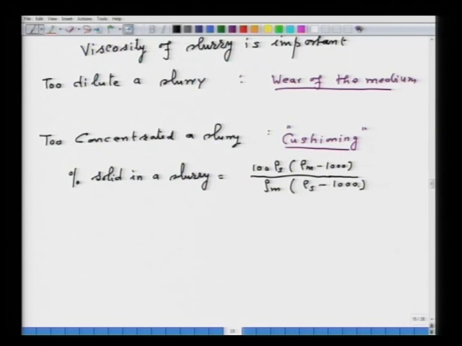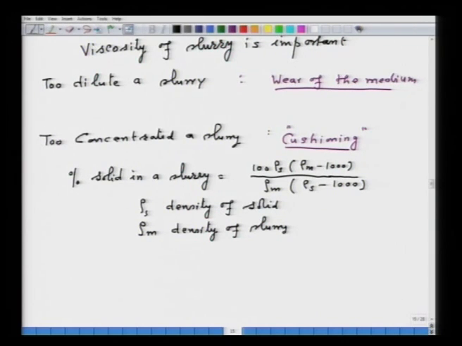This is all density, where rho s is the density of solid, rho m is the density of slurry, and 1000 is coming because you have mixed solid in water, and water has a density of 1000 kilogram per meter cube.